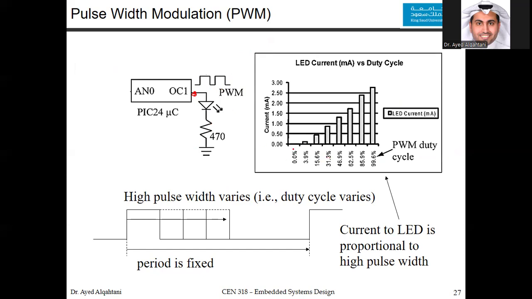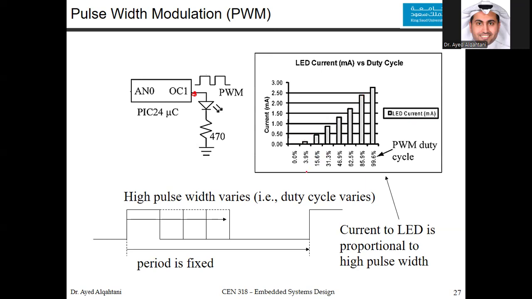Now, if you plot the relation between the duty percentage or the duty cycle and the current running through the LED, you can see that as the duty cycle increases, the current will increase in a linear fashion, as you can see here.